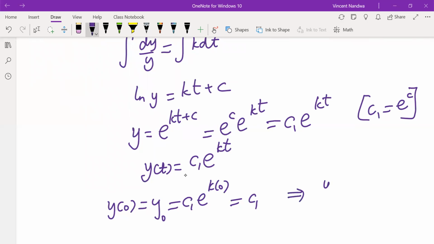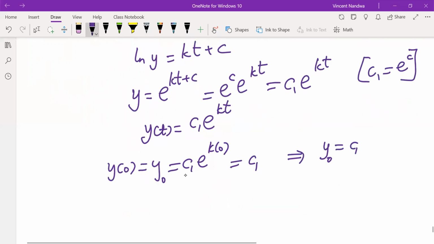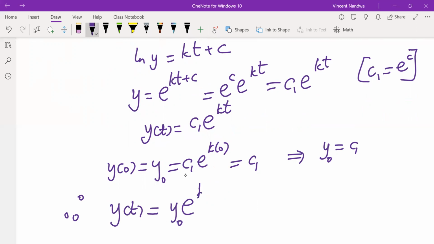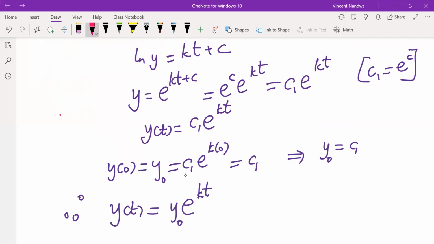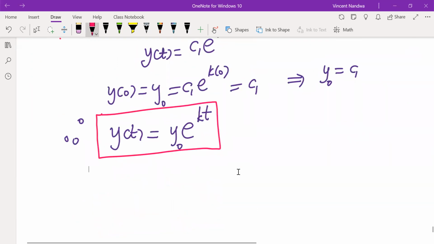So this means y naught equals C1, and therefore y of t is simply y naught e raised power kt. So this is the solution. So you see the solution has an exponential function. So that explains why we have exponential growth and exponential decay, depending on the value of the constant k.